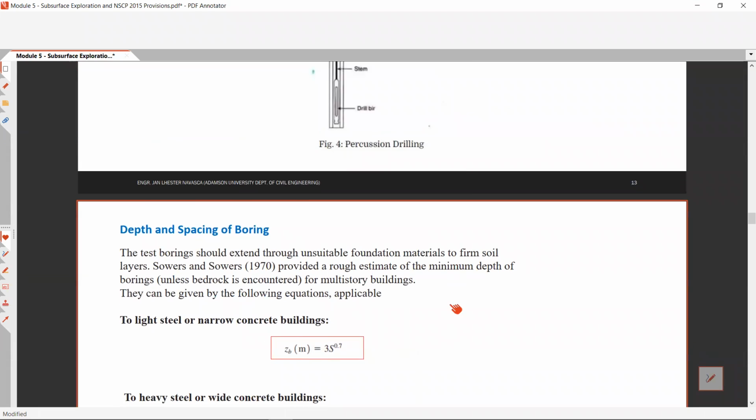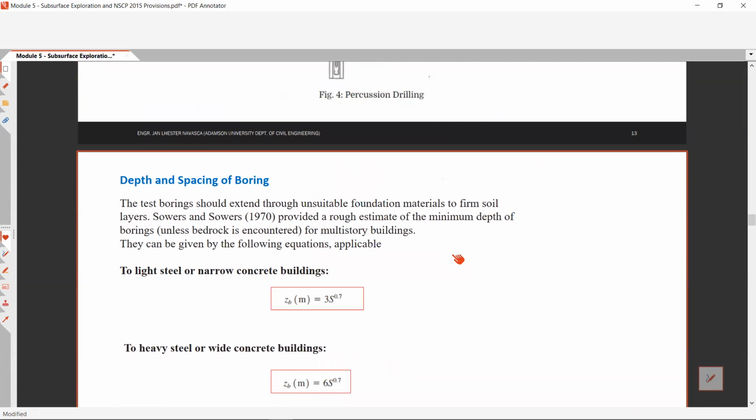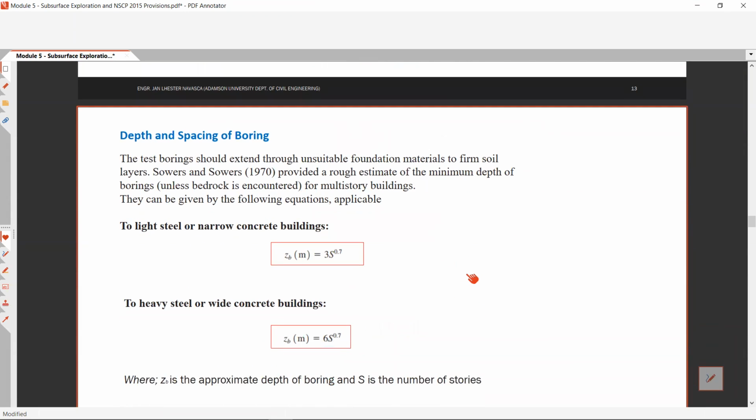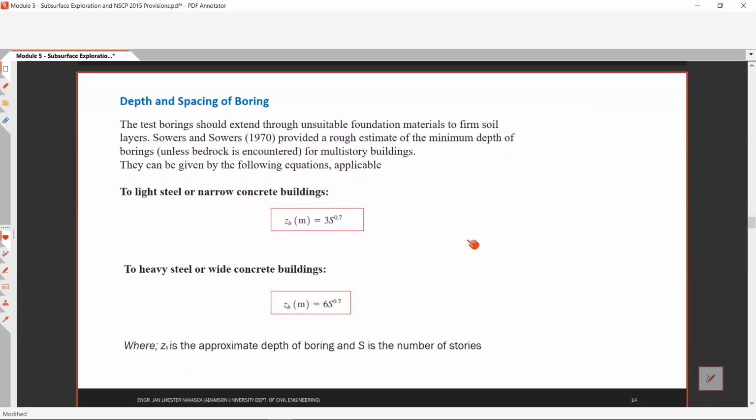Okay, then how to determine the depth and the spacing of the boring. The test boring should extend through unsuitable foundation materials to firm soil layers. According to the equation given by Sowers, which provides a rough estimate of the minimum depth of the boring unless bedrock is encountered. Depth of boring is different from the significant depth of the soil.